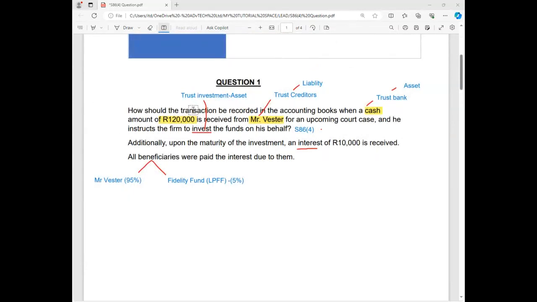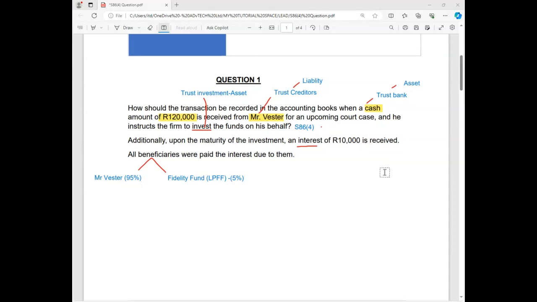So the two accounts will be this cash, which is the bank, and Mr. Vesta, because we need to increase Mr. Vesta's account. So we need to go and increase the bank account on the debit side based on the rules of the accounting equation.